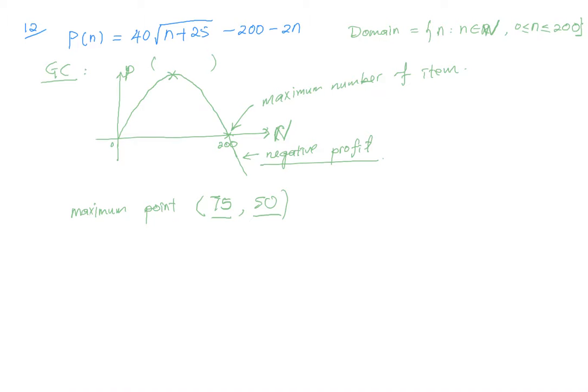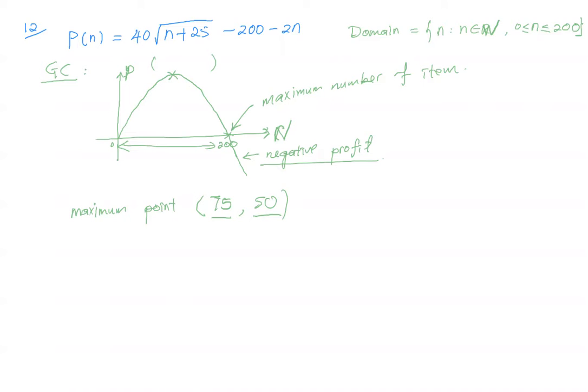Okay. So, got it? So this is by graphic calculator. So when you use a graphic calculator, you can get the domain. So bear in mind, anything you are given, if you cannot solve, if you don't know how to get the domain, let the calculator help you. Okay, so from GC, then we can find the number of items that need to be sold to maximize the profit on each item.